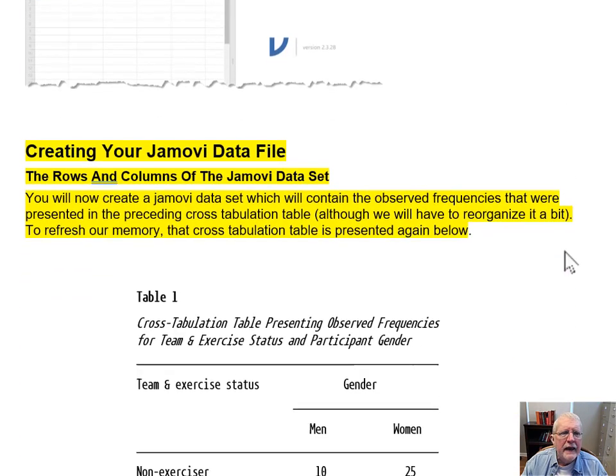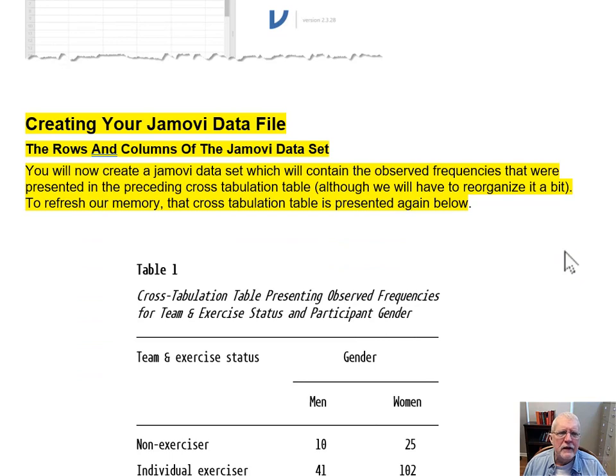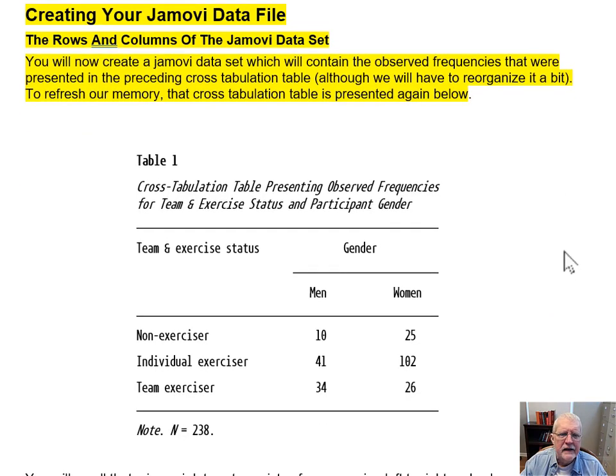So on page 8, creating your Jamovi data file, rows and columns of the Jamovi data set. You will now create a Jamovi data set, which will contain the observed frequencies that were presented in the preceding cross-tabulation table, although we have to reorganize the table a bit. To refresh your memory, that cross-tabulation table is presented again below.